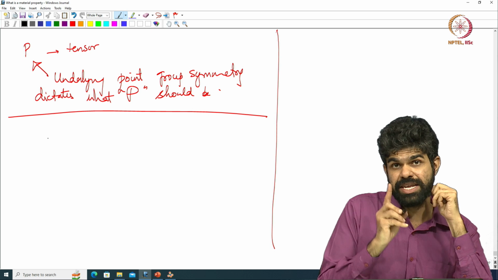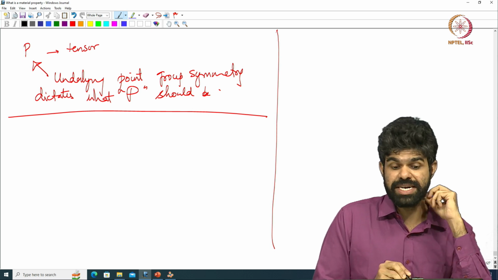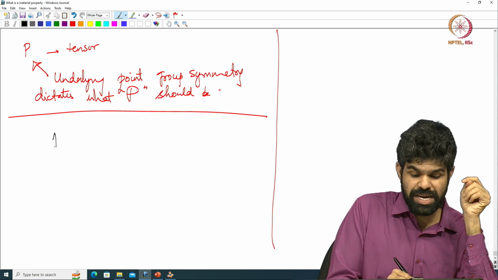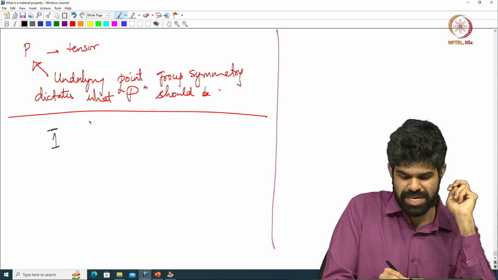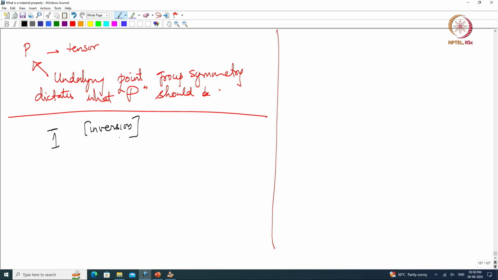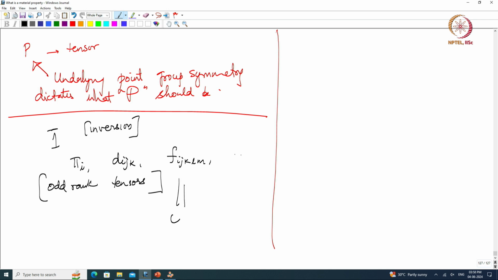If you remember, just before starting symmetry, I was talking about inversion symmetry, and I said if I take a first rank tensor or a third rank tensor or a fifth rank tensor, let us call it F I J K L M, or odd rank tensors, all these tensors do not exist. They all go to 0 if the material has a 1 bar symmetry.